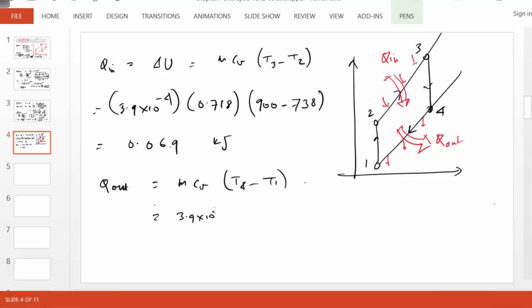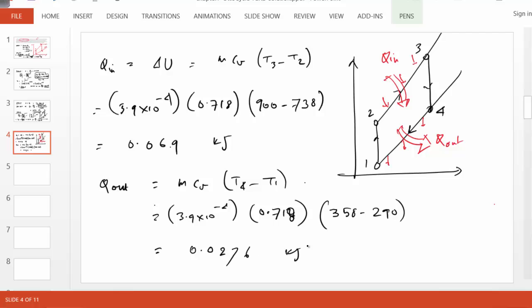Again, this is the mass, Cv of 0.718, and T4, how much was T4? I have that in front of me. It's about 358 Kelvin minus 290 Kelvin, and that turns out to be 0.0276.